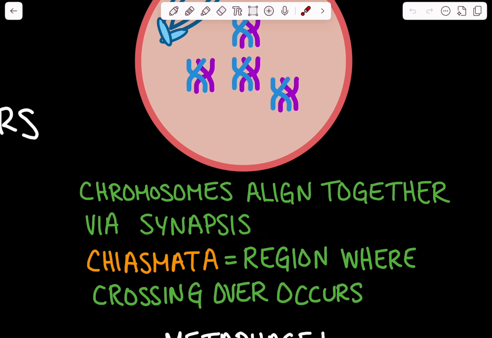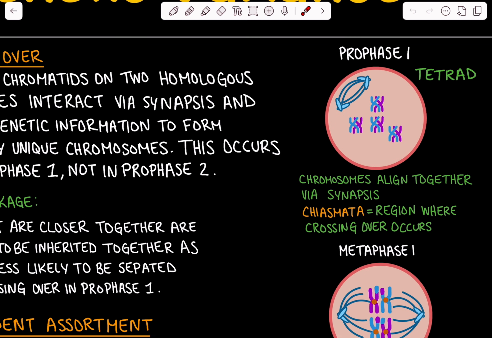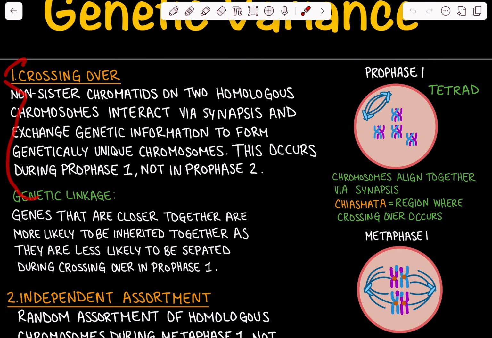And they exchange genetic information with one another at specific locations. And those locations are referred to as the chiasmata. Now, these homologous chromosomes are going to exchange genetic information and form these unique chromosomes that are going to increase variability in the gametes.